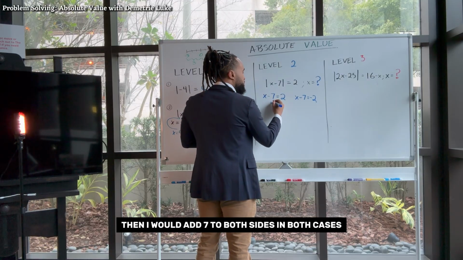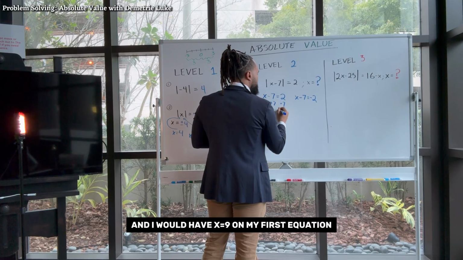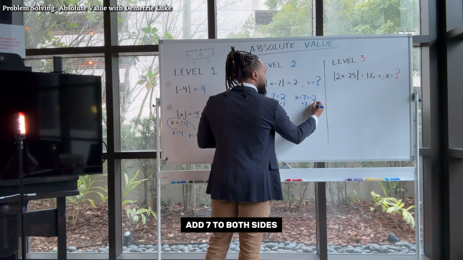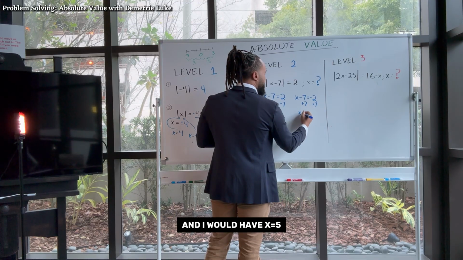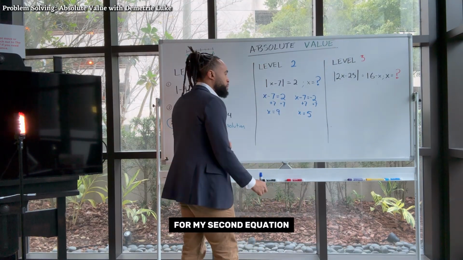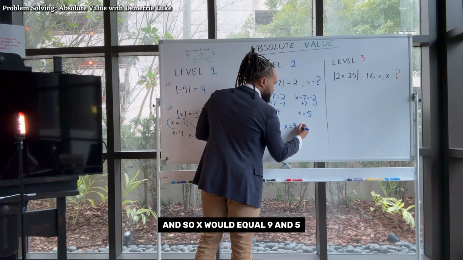Then I would add 7 to both sides in both cases, and I would have x equals 9 on my first equation, add 7 to both sides, and I would have x equals 5 for my second equation. And so x would equal 9 and 5.